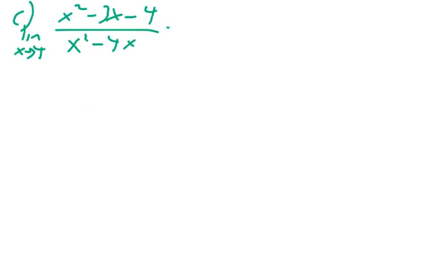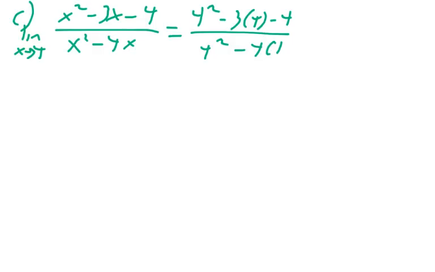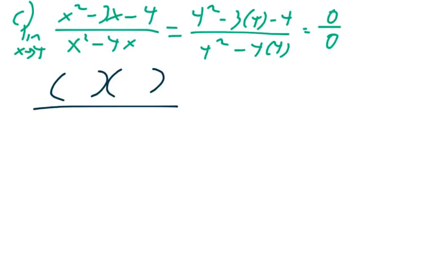For this particular problem, when I plug in 4, I get (4 squared minus 3 times 4 minus 4) over (4 squared minus 4 times 4), which gives me an answer of 0 over 0. At this point, I'm going to try to factor because it looks like one where I need to factor.